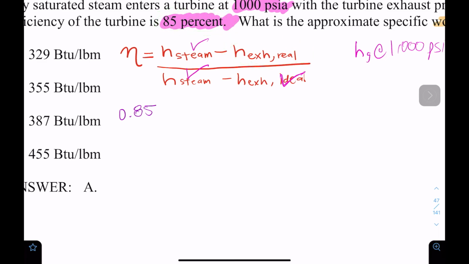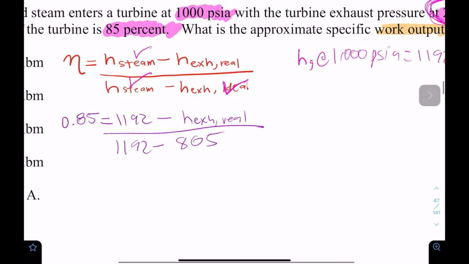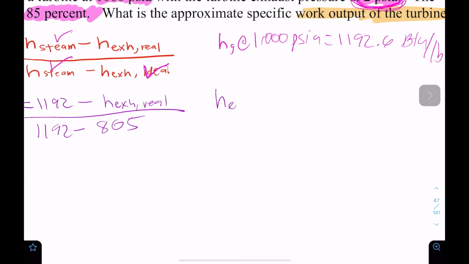If I'm using efficiency, I need to get my real enthalpy. So I plug things in. So what I'm gonna get is approximately 863.